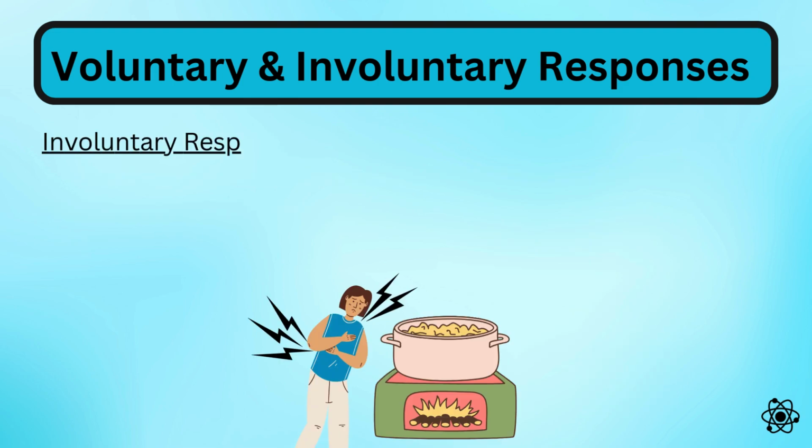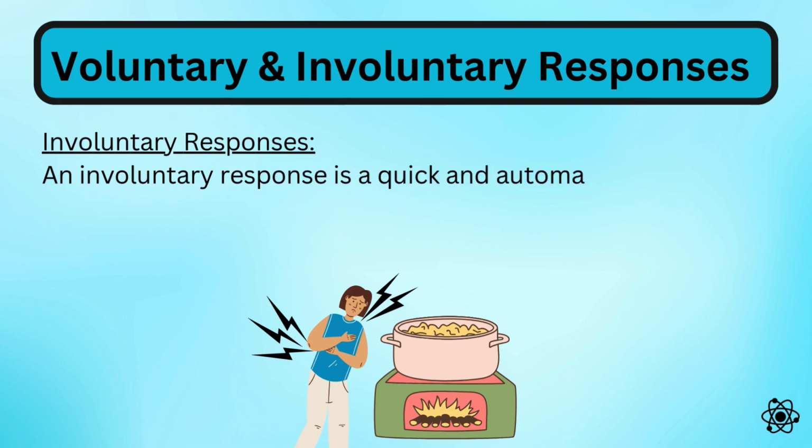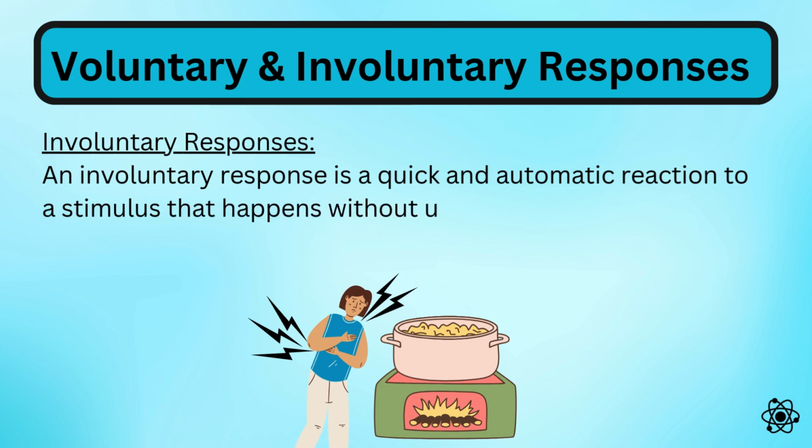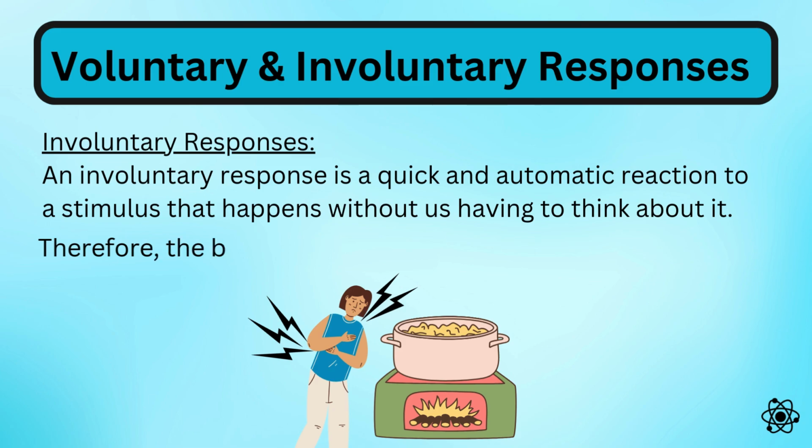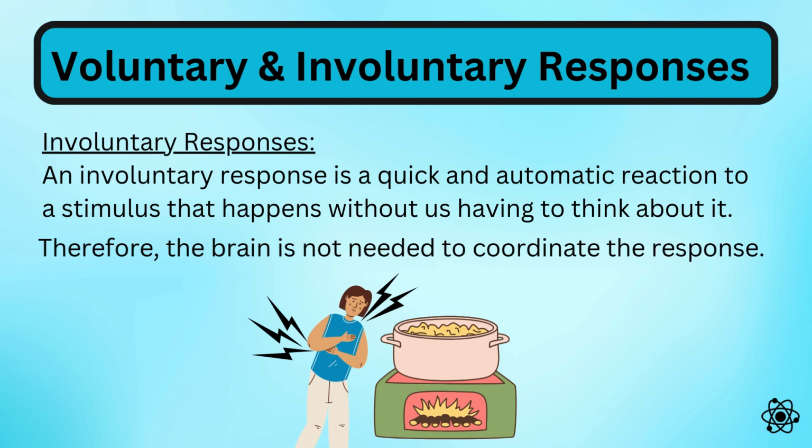An involuntary response, on the other hand, is a quick and automatic reaction to a stimulus that happens without us having to think about it. Therefore, the brain is not needed to coordinate the response. So, in this type of response, you are not aware that you carried it out until after it has happened.